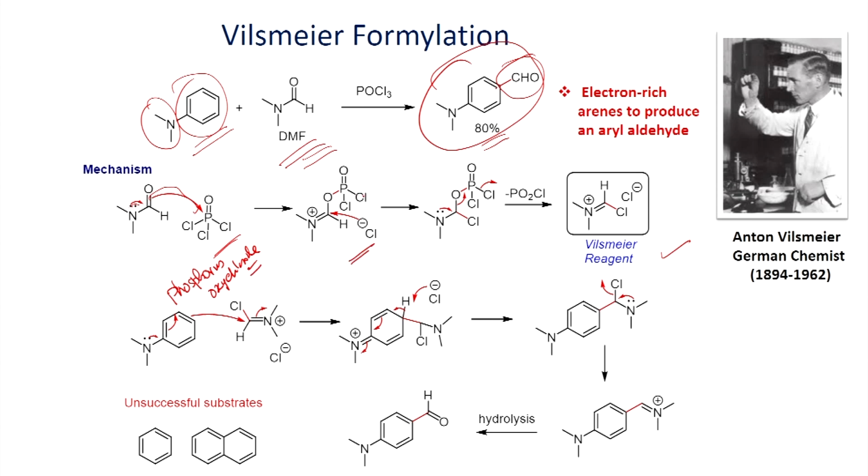Once we have this, it can undergo addition with this imine, and you will have this intermediate. Once you form this, it can lose a group, and you will be able to form this iminium salt. This is known as the Vilsmeier reagent. This acts as the electrophile in this reaction.